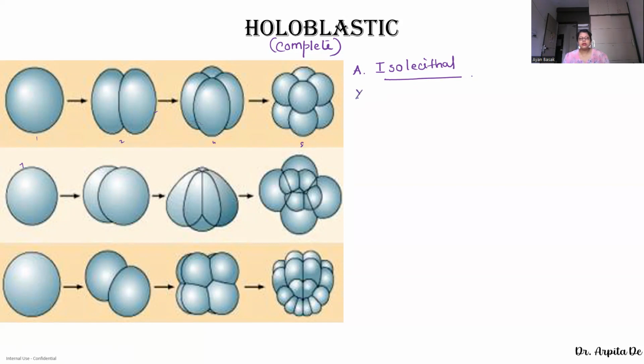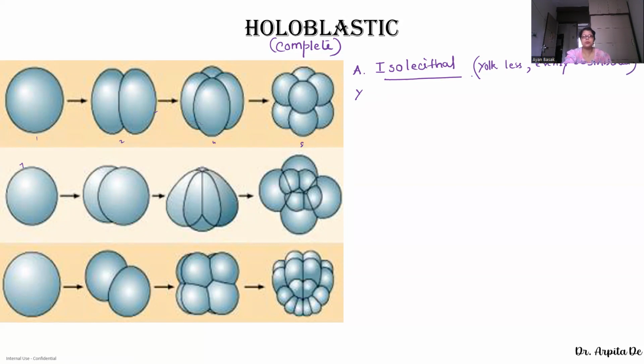Just write in bracket, yolk is less, sparse and evenly distributed. Agree?